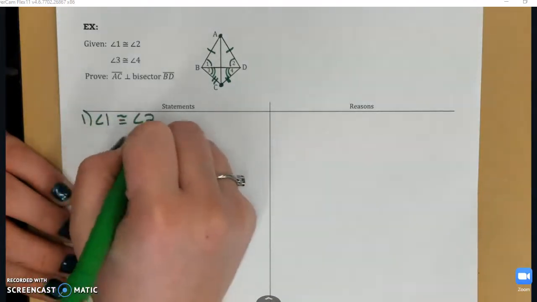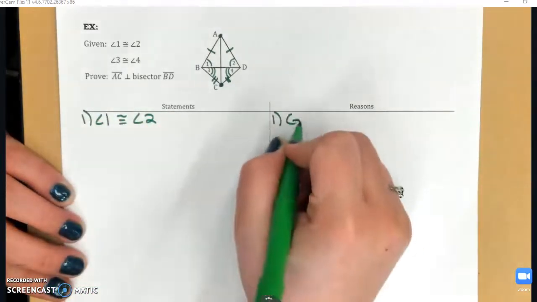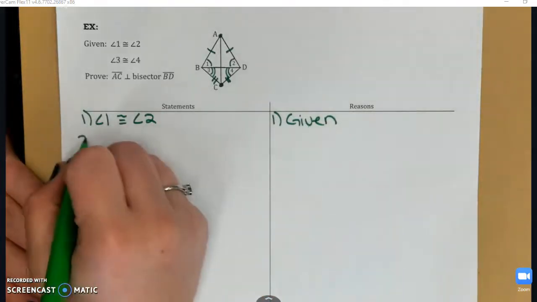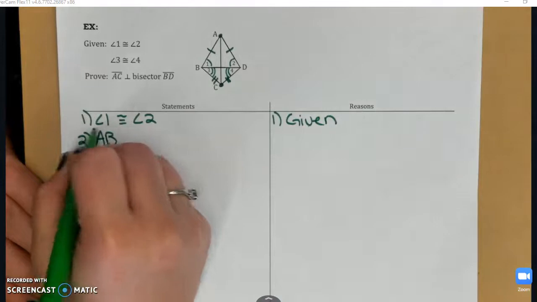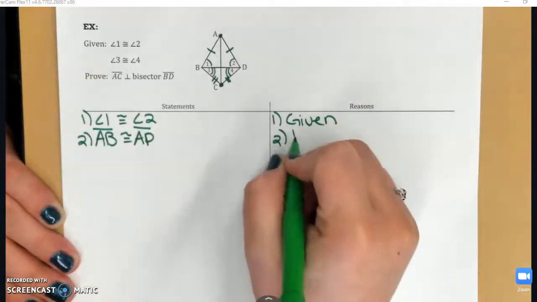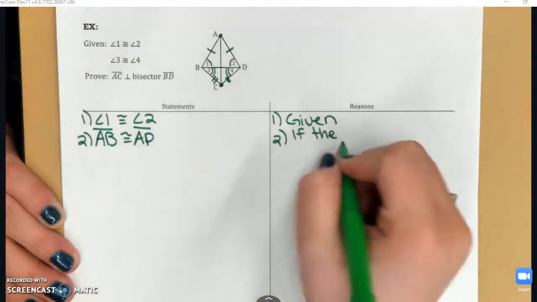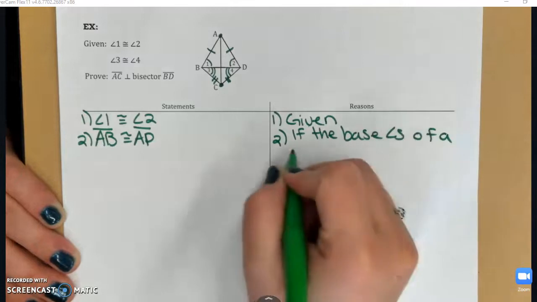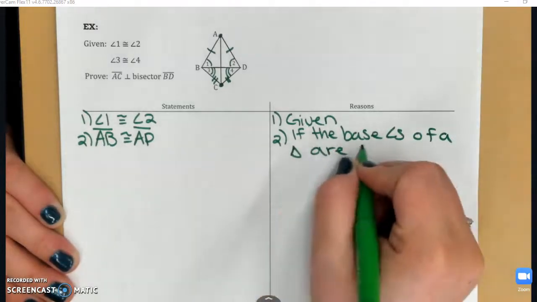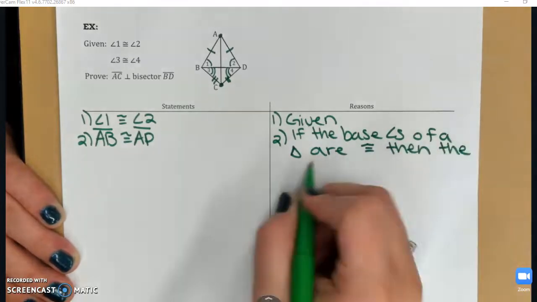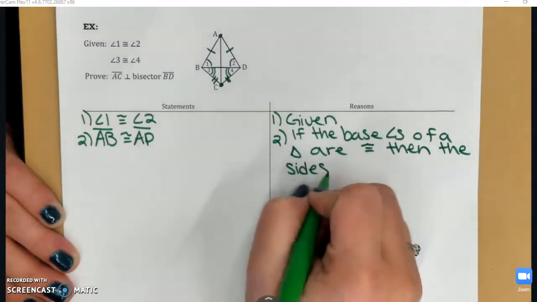Angle 1 is congruent to angle 2. That was given. And that let me conclude that AB is congruent to AD, because if the base angles of a triangle are congruent, then the sides opposite them are congruent.